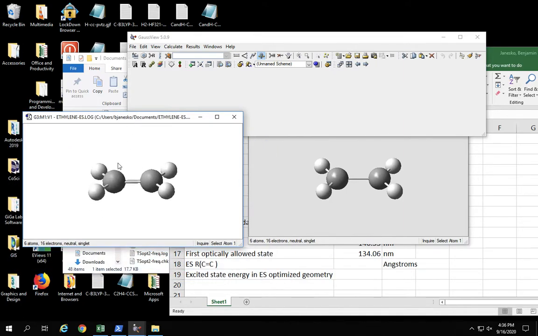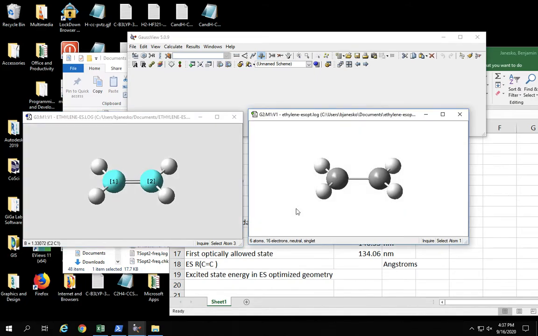In the ground state geometry, it draws two little sticks between the carbons because their distance is 1.33 angstroms. In the excited state, once I optimize the geometry, it draws one little stick. The bond is a lot longer. As we said, we did a pi to pi star excitation, and that weakened the carbon-carbon bond. So the carbon-carbon bond in the excited state is longer than in the ground state.